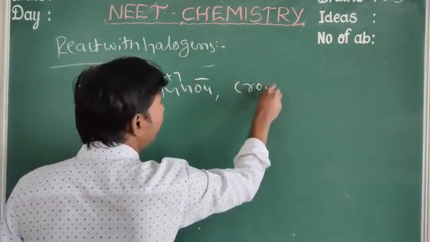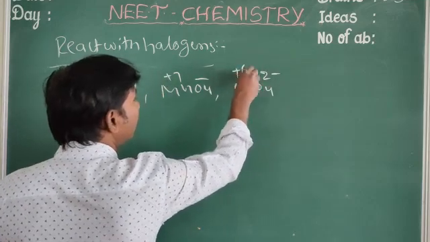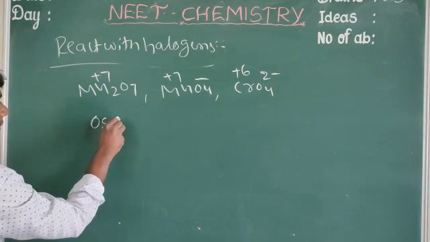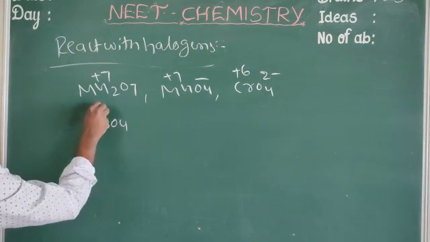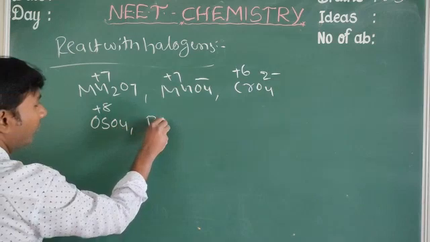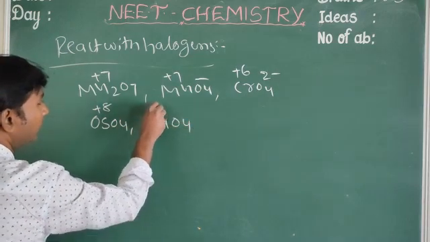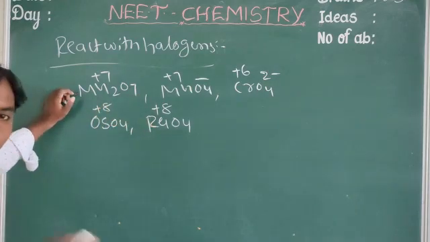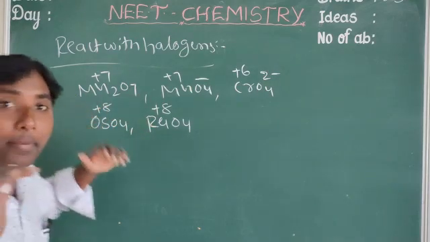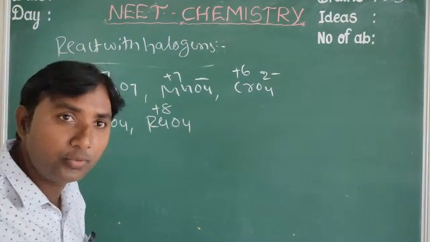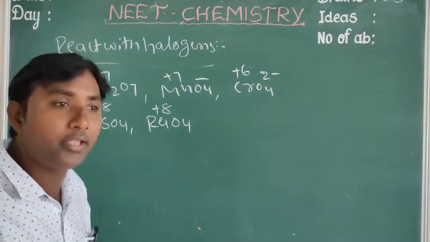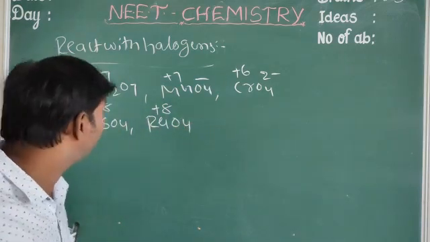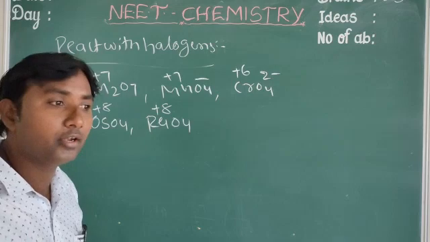Next, CrO4 2- is +6. Next, osmium tetroxide is +8, and ruthenium tetroxide is +8.